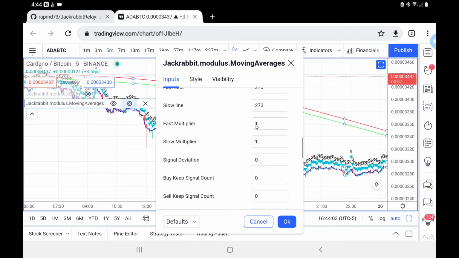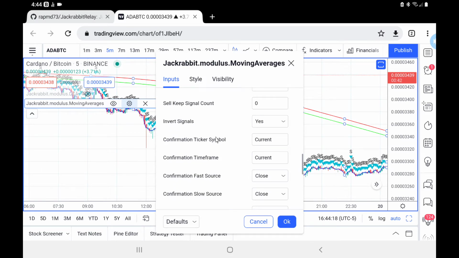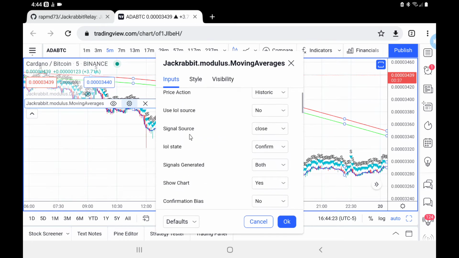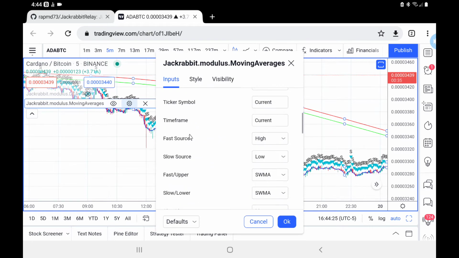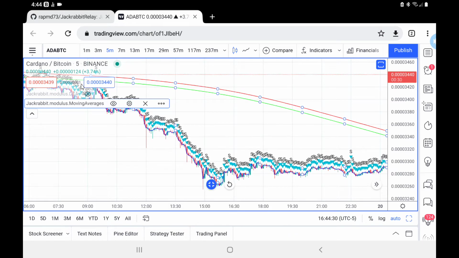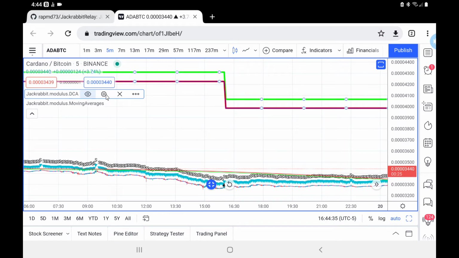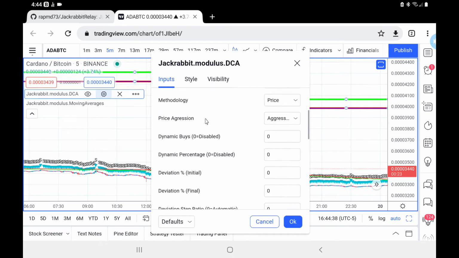Again, the multiplier is 1, so I'm not really trying to weed out the volatility because BTC is already volatile. And it's also an inverted. So this is pretty much standard except for the sine-weighted moving average. And of course the DCA module itself. That's pretty standard cookie cutter altogether.